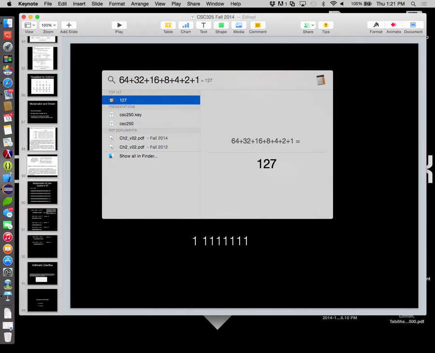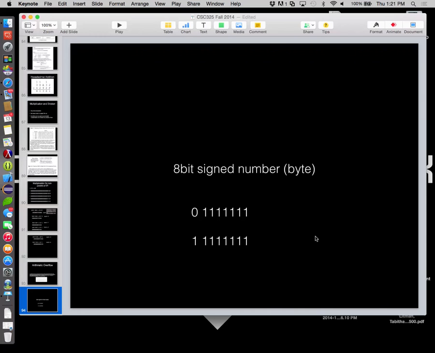That gets us 127. So this 7-bit number is 127. Why is this one a negative 128? Well, we know it's negative because of the sign bit here, right? But why is it a 128?